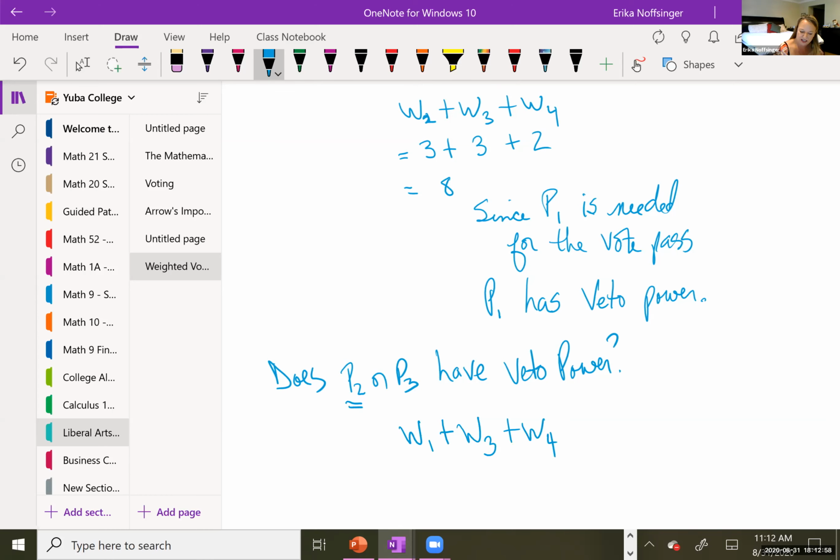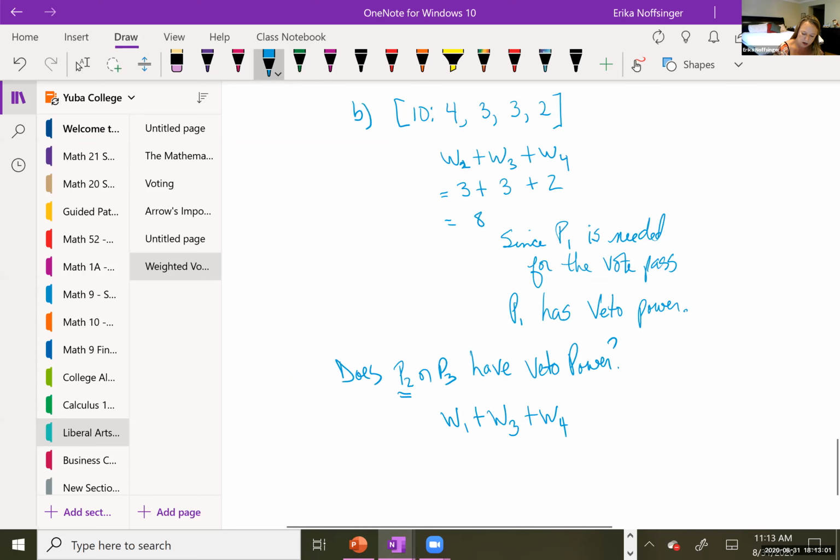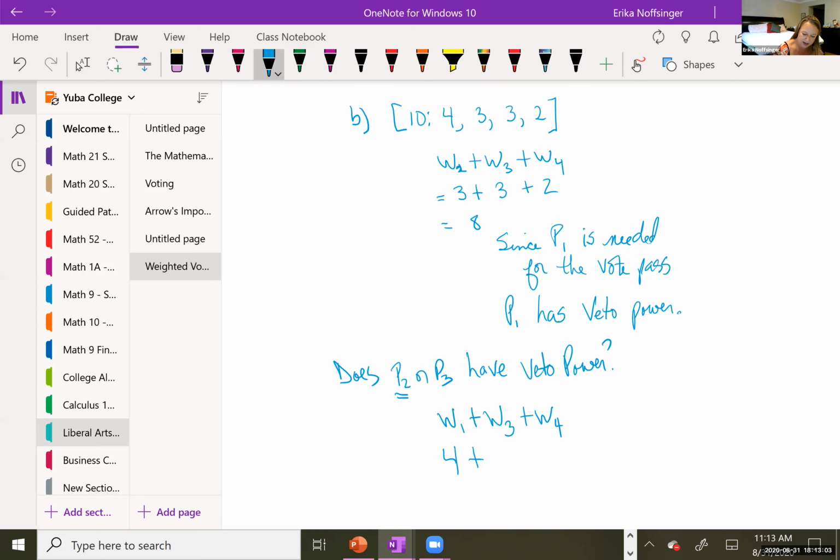Player 1 has 4, plus player 3 has 3, plus player 4 has a weight of 2. So 4 plus 3 is 7, plus 2 is 9. And so actually, player 2 and player 3 would have veto power, because without them pitching in their vote, they're not going to win. So player 2 and 3 have veto power.